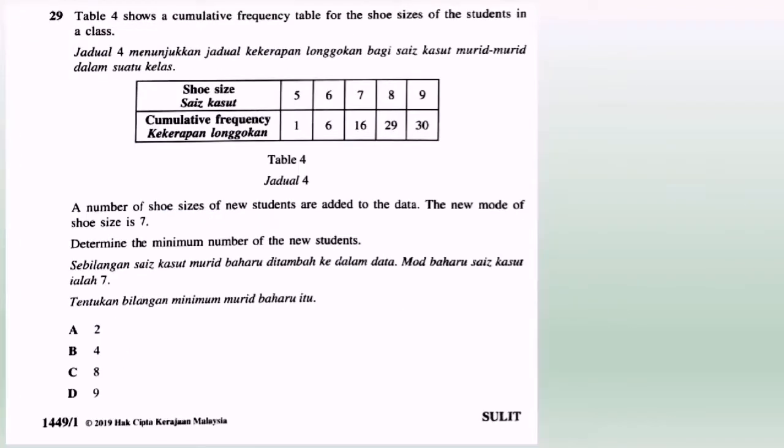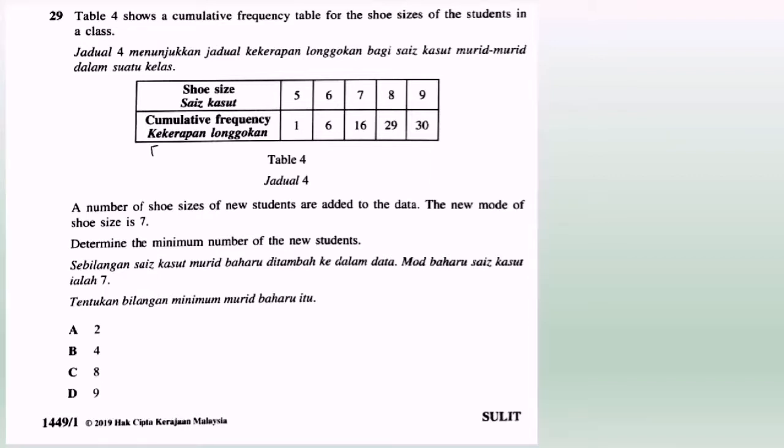Number 27. Table 4 shows a cumulative frequency table for the shoe size of the students in a class. A number of new students' shoe sizes are added to the data. The new mode of shoe size is 7. Determine the minimum number of the new students. From table 4, we found that here is the cumulative frequency.